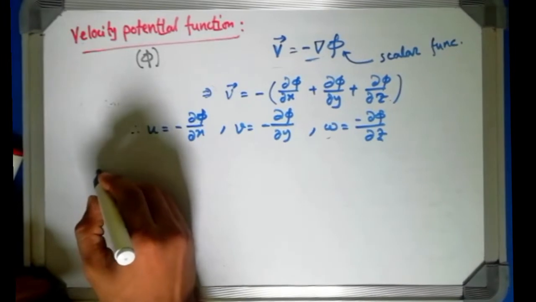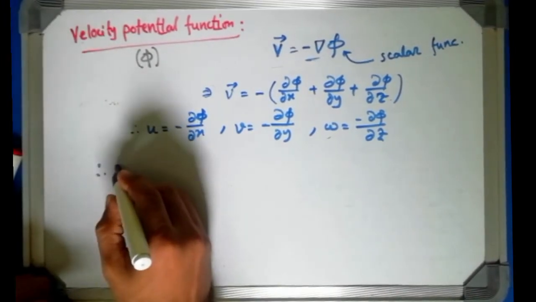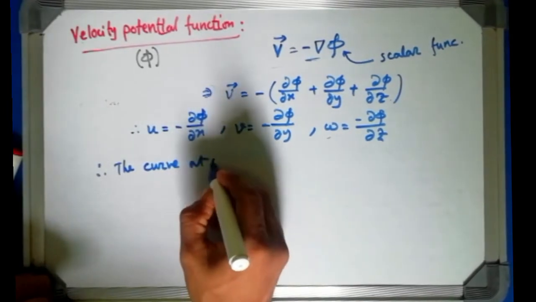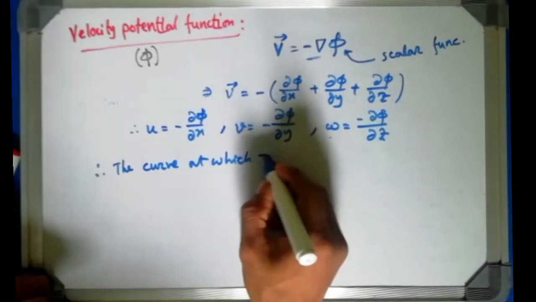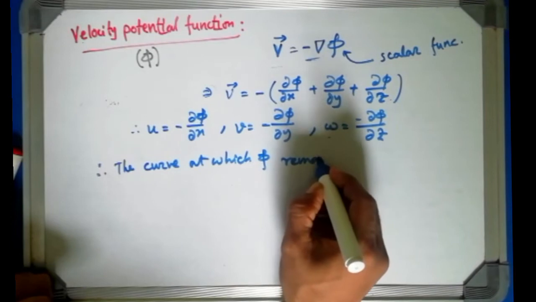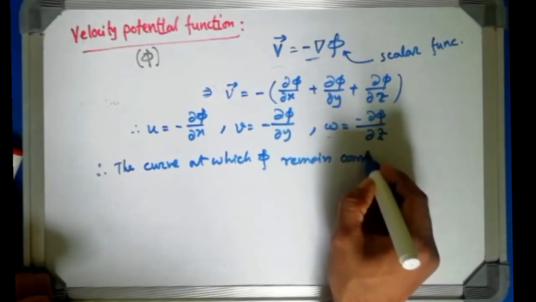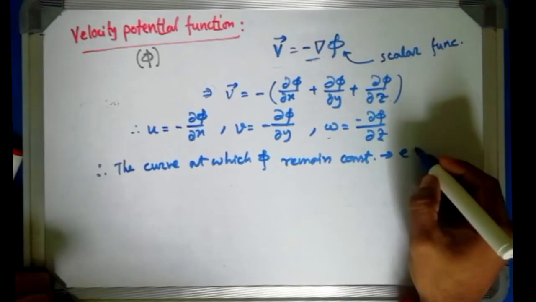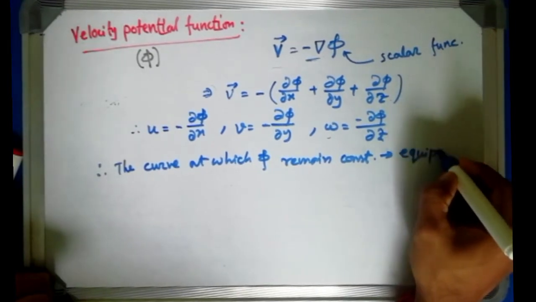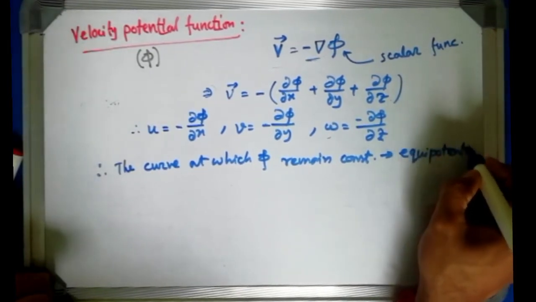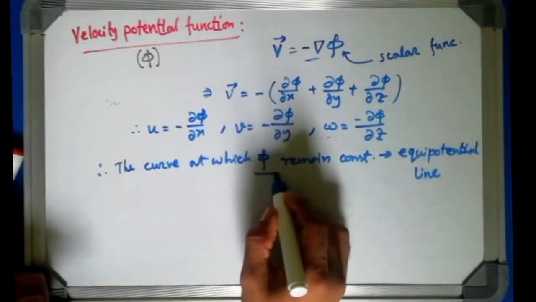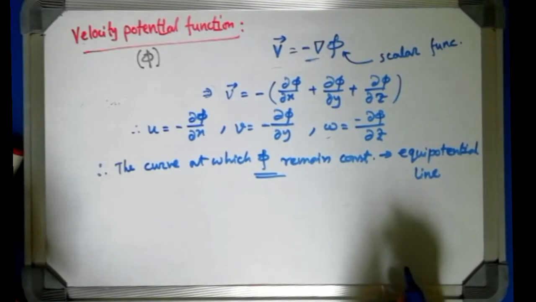Now I am representing one curve, the curve at which phi remains constant. That line is known as the equipotential line. Equipotential line means a line where phi remains constant.